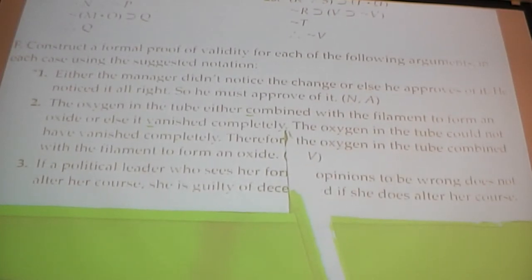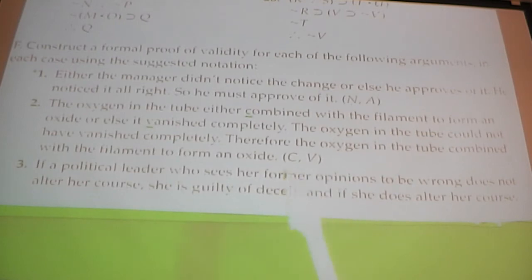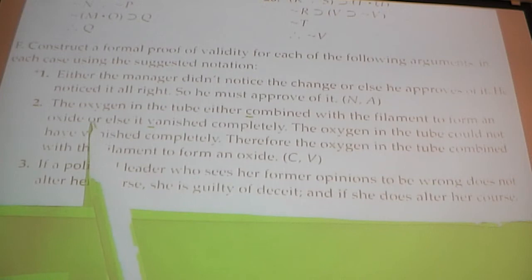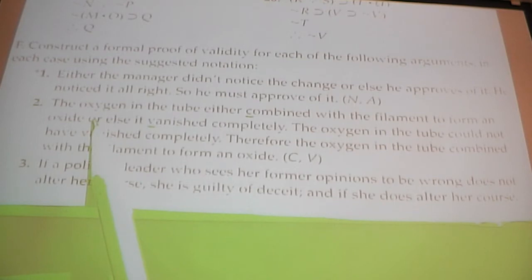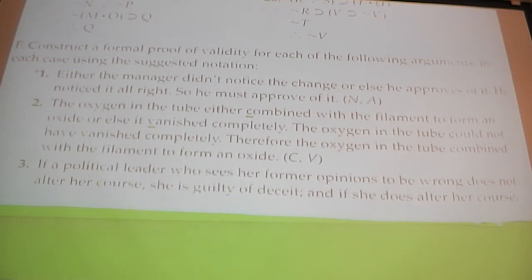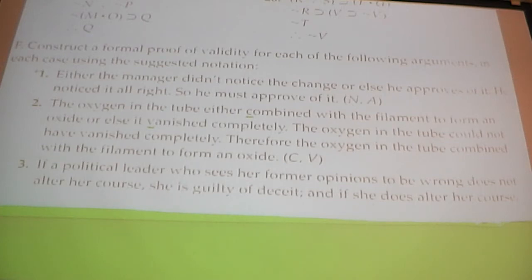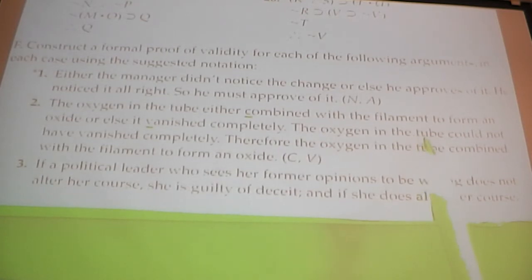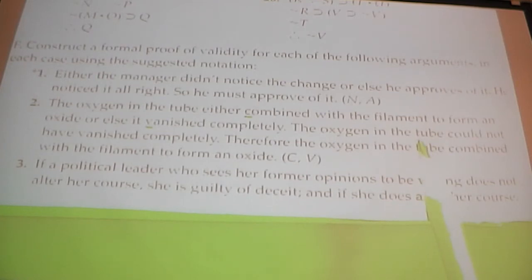So in our first sentence, we have both of our simple statements. The word or indicates that it's at this junction of the two. So our first premise is simply going to be C with V. Second premise. The oxygen in the tube could not have vanished completely.